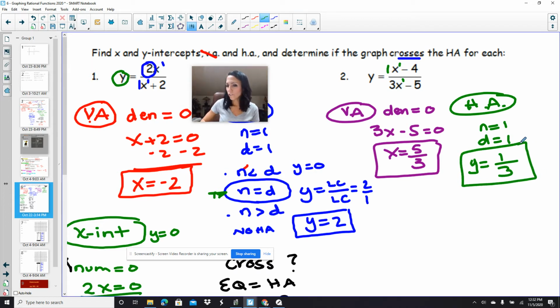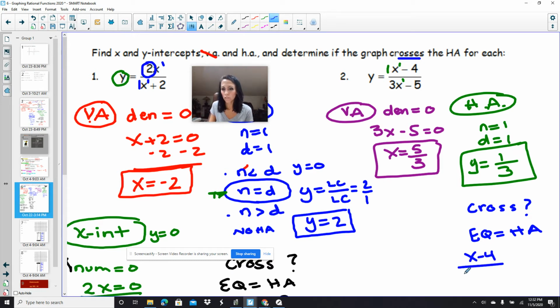Now, I'm not going to forget this time. We want to see if this crosses. So we take our horizontal asymptote and set it equal to the equation. So does it cross? x minus 4 over 3x minus 5 equals 1/3.